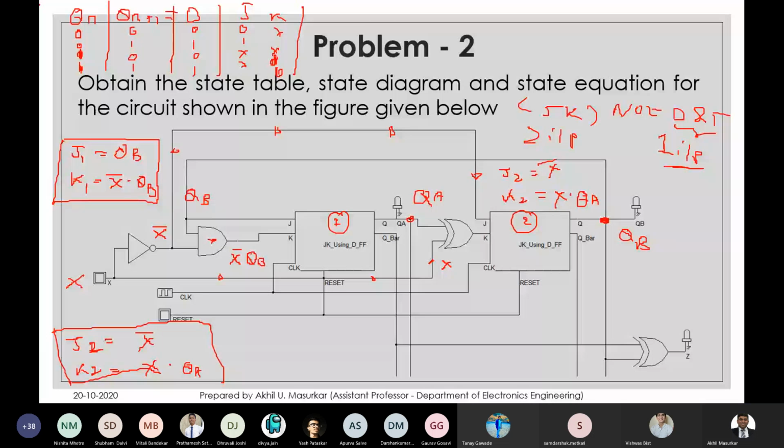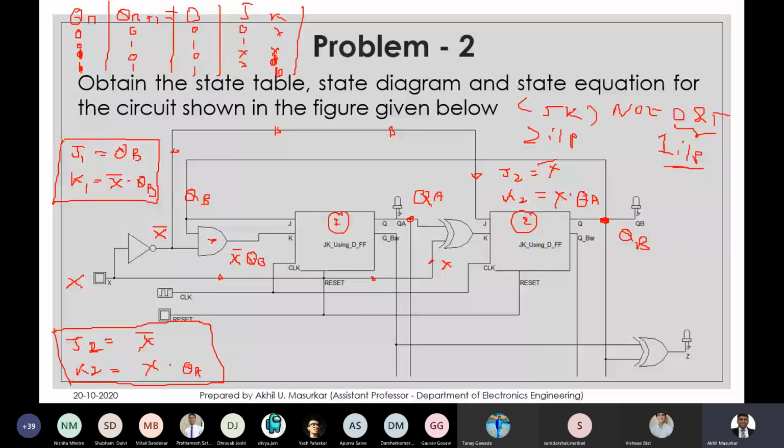So I will just note this properly. So these are the two findings from this particular circuit.